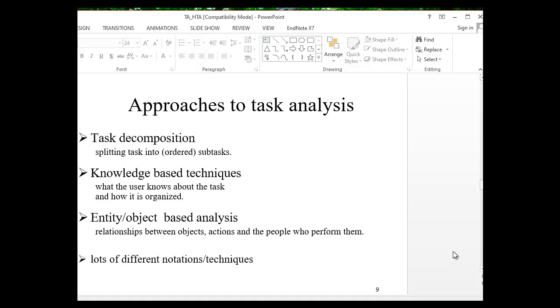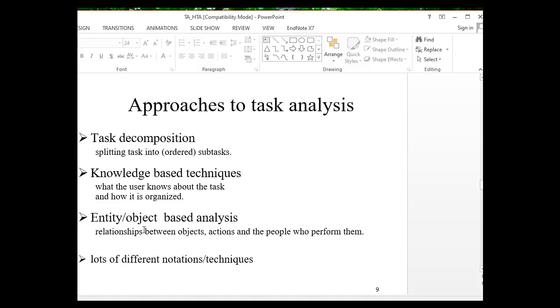Knowledge based technique. Knowledge base is purely related to the cognitive model. Here I have included what the user knows about the task and how it is organized. So this is a knowledge based technique: what is the user's knowledge about the problem, and how is the task organized. The third one is entity and object based analysis.